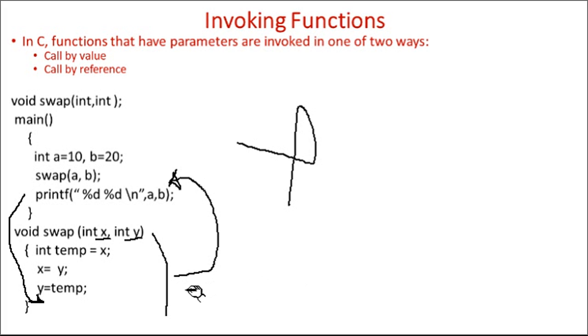But if he does the operation at the calling function end, where main is the calling function and swap is the function which is called, swapping will not be done, and it will display a as 10 and b as 20 itself.